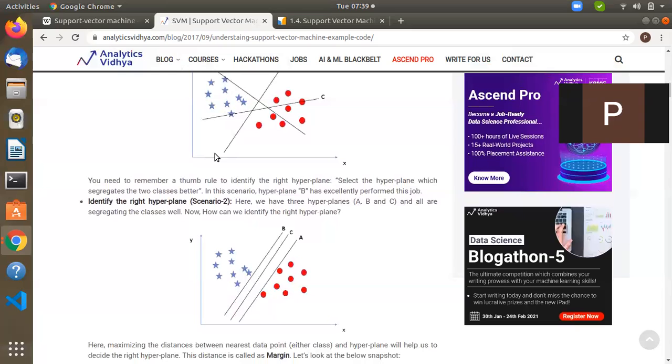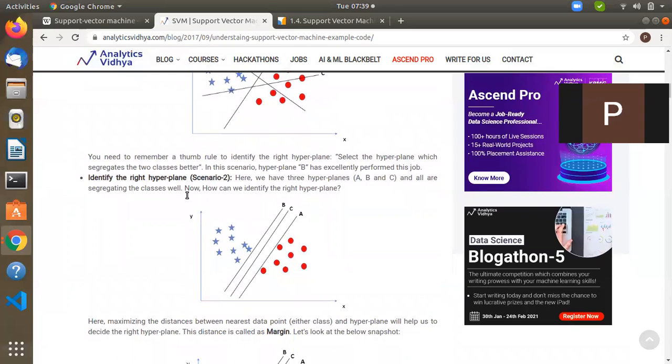After that, we have to identify the two planes. Let's suppose we take C as the mid hyperplane. The main idea of SVM is to draw two more hyperplanes parallel to this plane C in such a way that the data points are nearest to that plane.